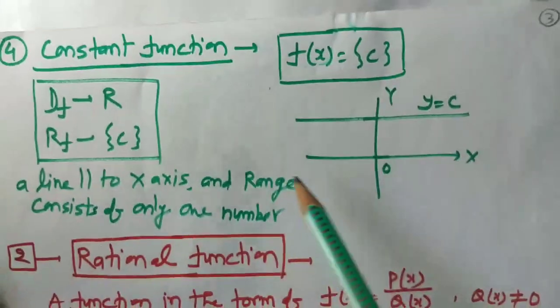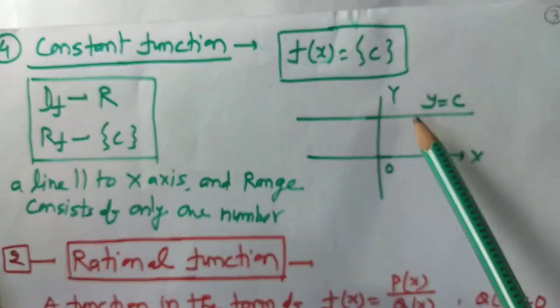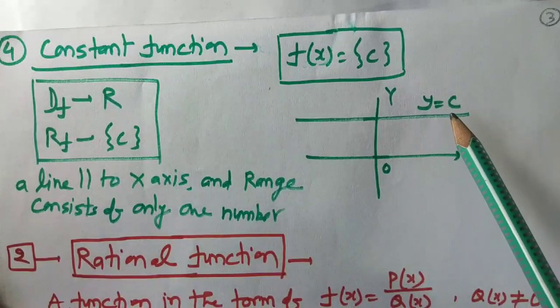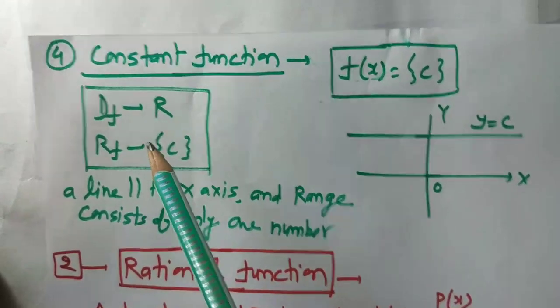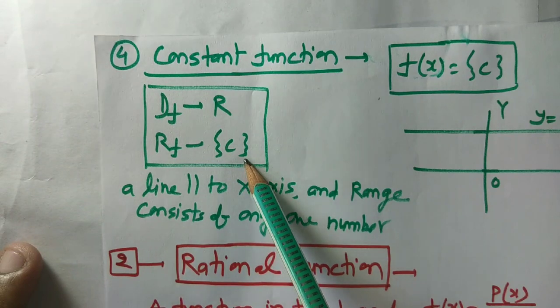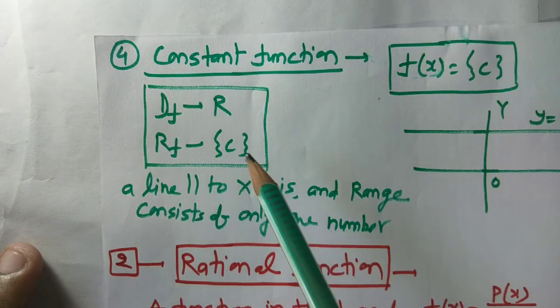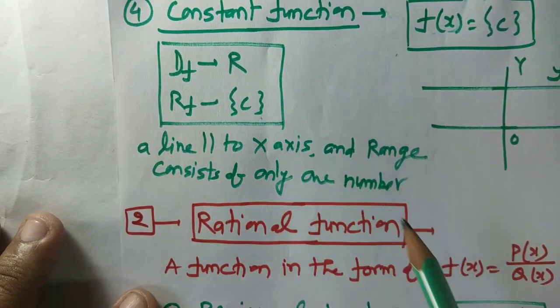So simply, we have a line which is parallel to the x-axis. If we put any value of x, we have only one value of y. So in place of x we can put any value of R. That's why the domain is real numbers and the range is simply this one constant value c. So the line is parallel to the x-axis, so the range consists of only one value.